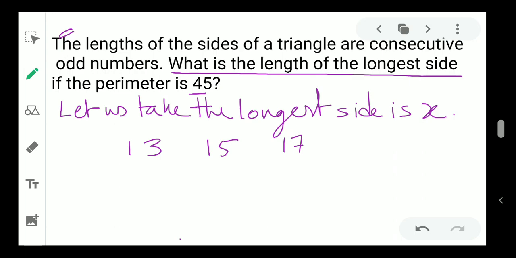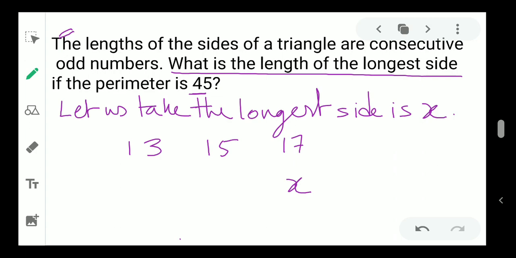Now I have taken the longest side, that means the highest number, because in that triangle the longest one will be the highest odd number. So this I have taken as x. See, these 13, 15, 17 are not the actual numbers, I have taken them as an example only. So this is x, I have taken the longest one as x.